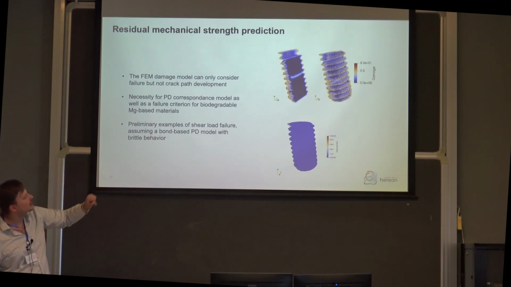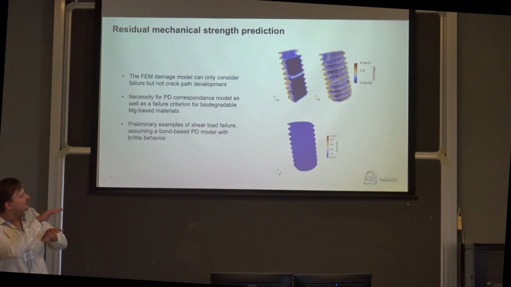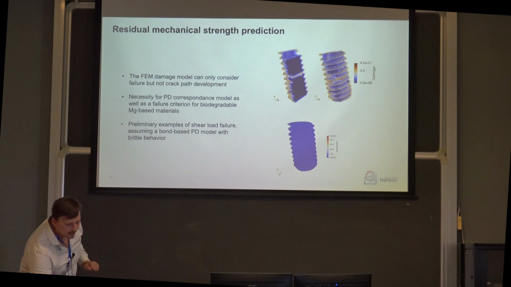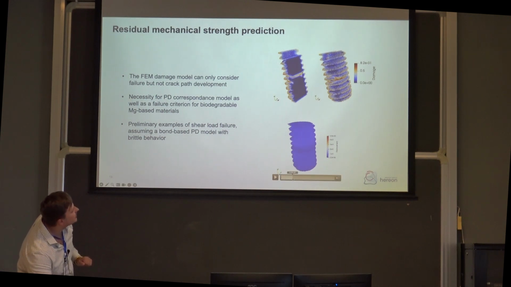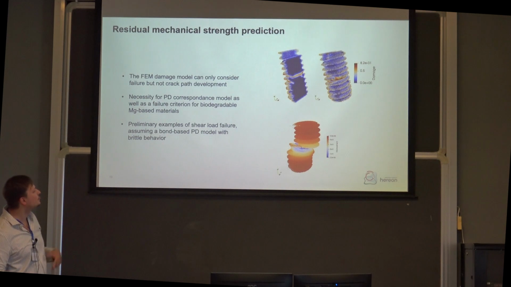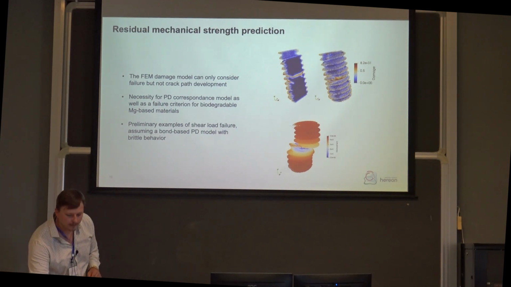In the middle, you can see the evolution of this fracture, the crack propagation within the screw. And if we take a look at the displacement level, we can see that the screw will eventually break into two pieces under this shear load failure example.